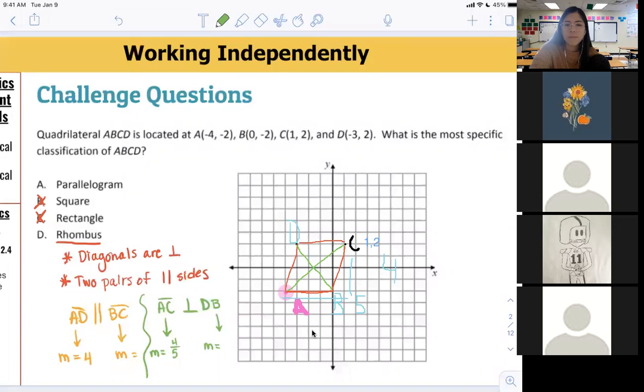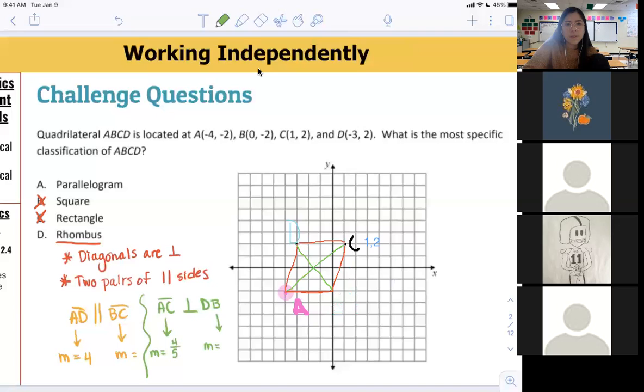I think that's wrong. Never mind. Would anyone else like to double check? Alejandro says 5/3. So I got 5/3 too. Let me erase some of these drawings so we can see it a little bit better. Okay, here we go.